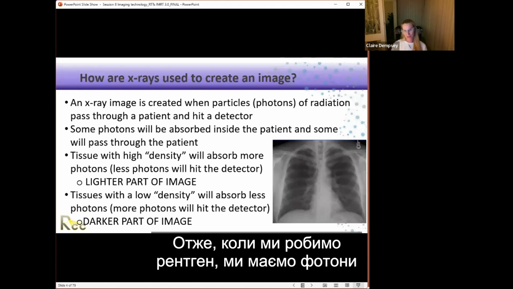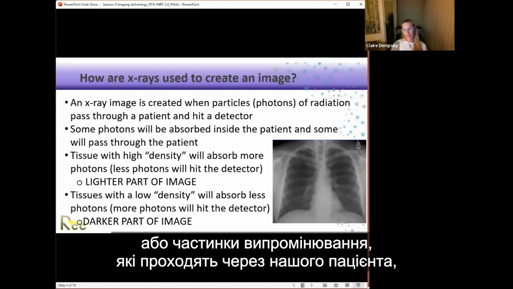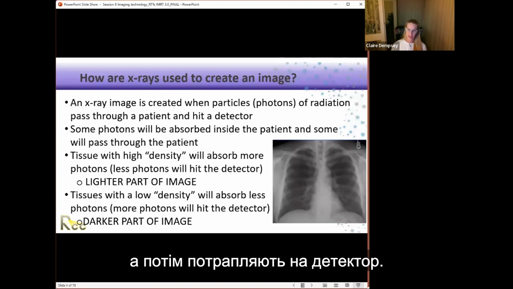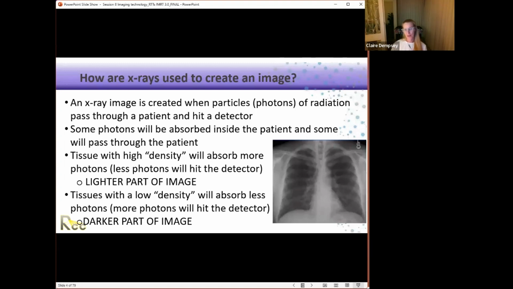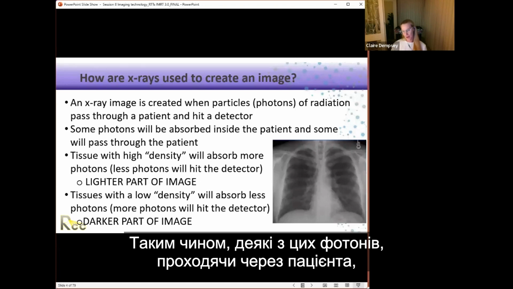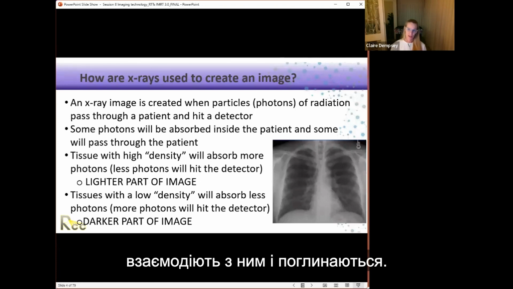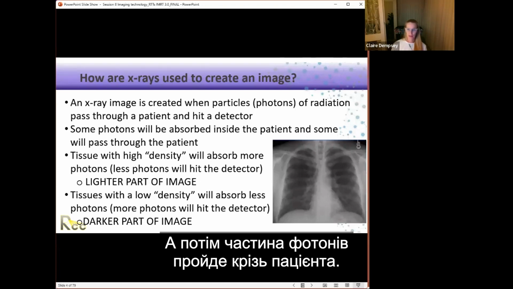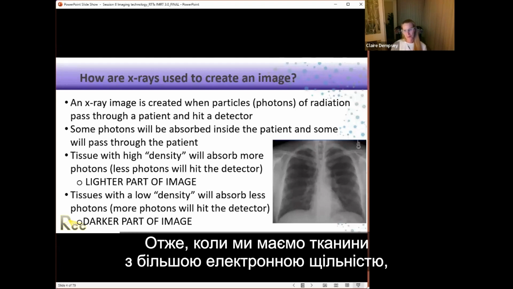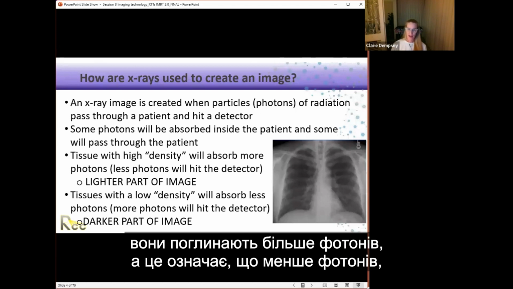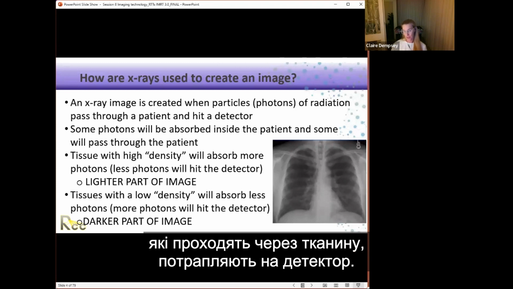So when we have our X-rays, we have photons or particles of radiation that pass through our patient and then hit a detector. Some of those photons, as they pass through the patient, will interact with the patient and be absorbed, and some of the photons will pass through the patient. So when we have tissues with higher electron density, they absorb more photons, meaning fewer photons that pass through that tissue will hit the detector.